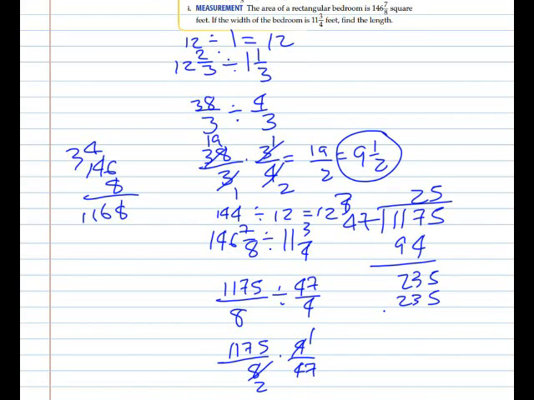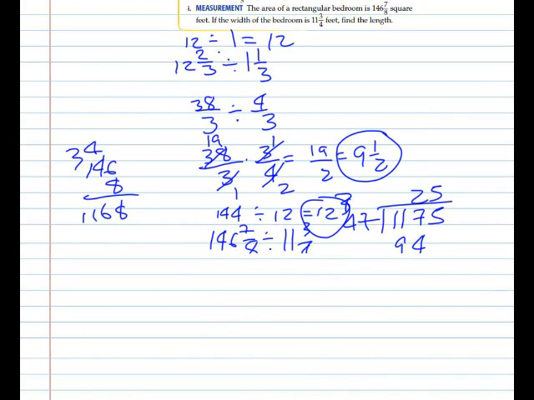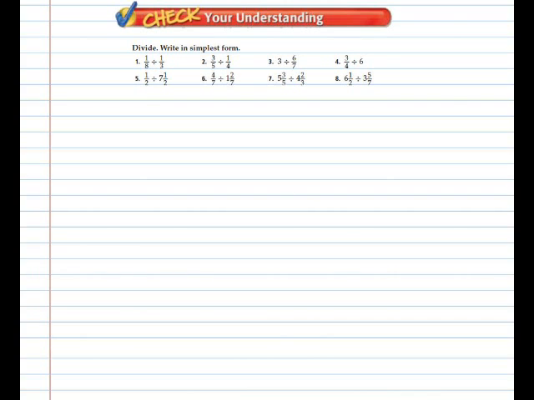And how nice of them to come out evenly like that. That gives me 25 here and 1 here. Multiply, I get 25 over 2, which simplifies to 12 and 1/2. Very close to my estimate of 12. Way too much work there.